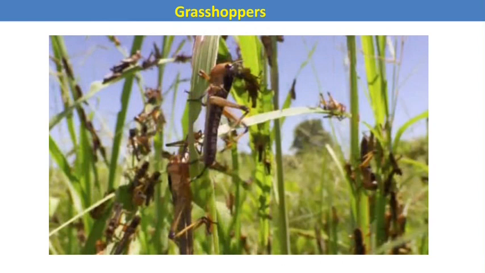The nymphs and adults are both damaging stages, and both feed on the leaves or leaf blades of the cereal crop, and complete skeletonization or severe leaf loss occurs due to the feeding of the different species of grasshopper. These are the different major and minor pests of the sorghum crop.